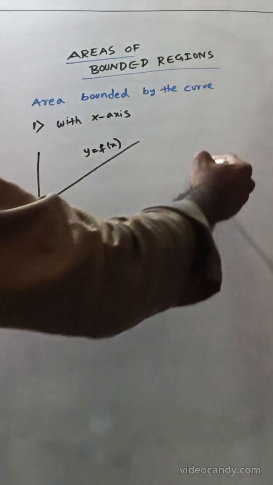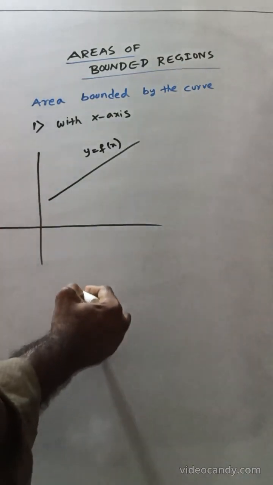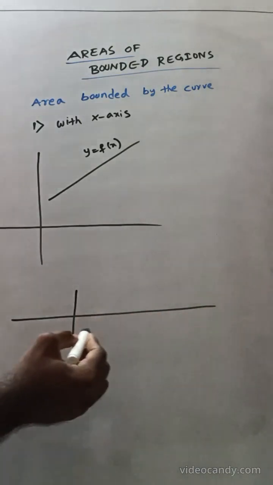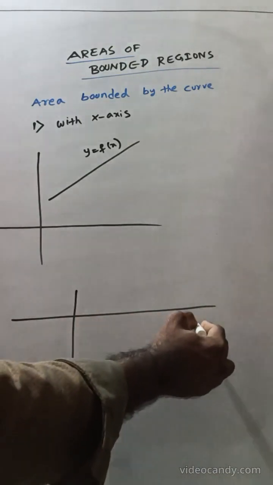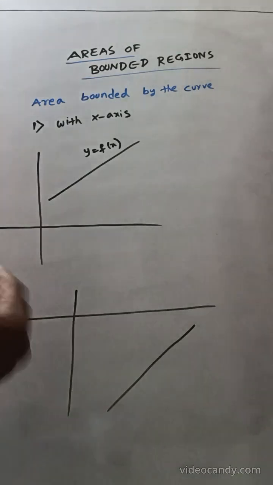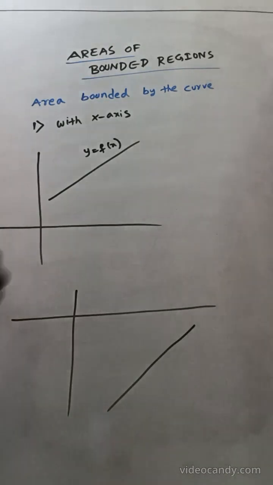Or else the curve may come down this side under the x-axis like this, or the curve may intersect in both the up and down. So in this case, what is the area?